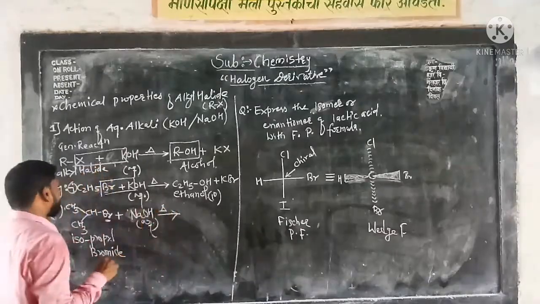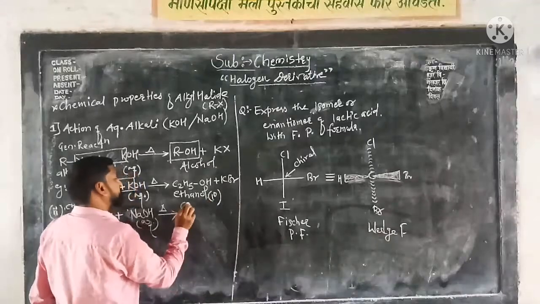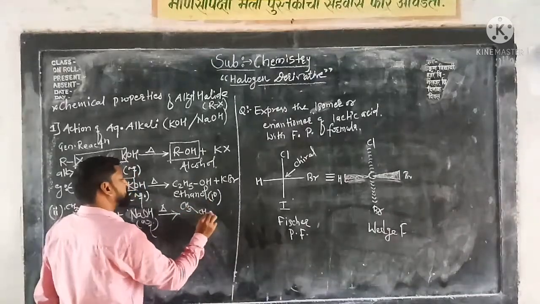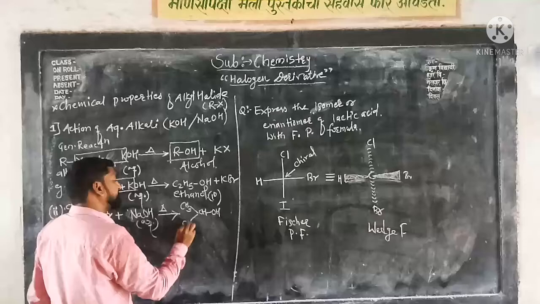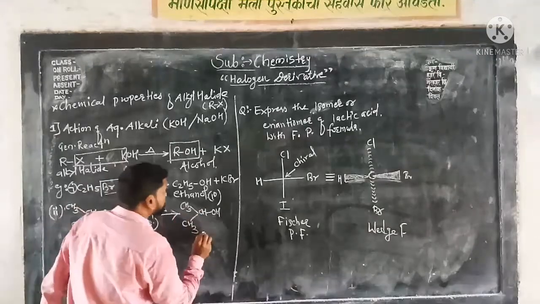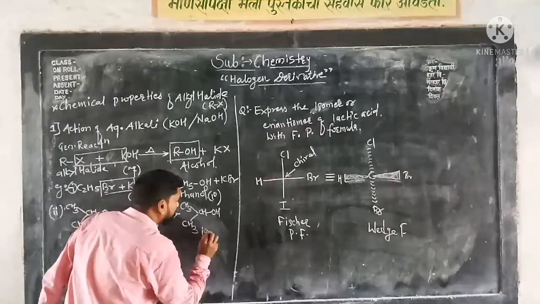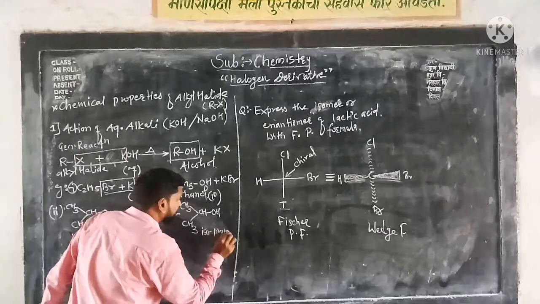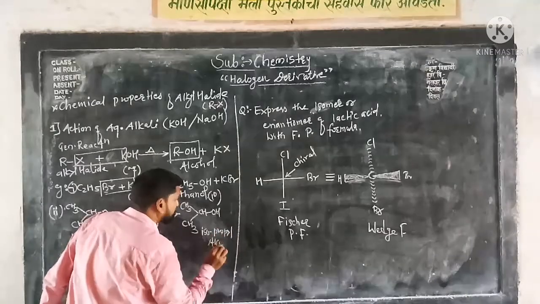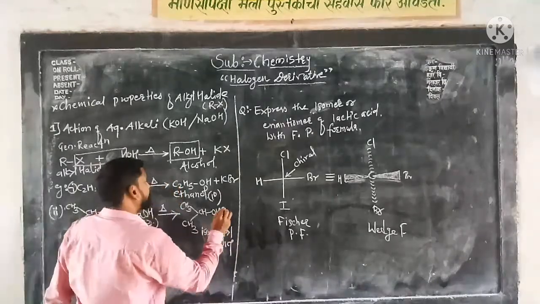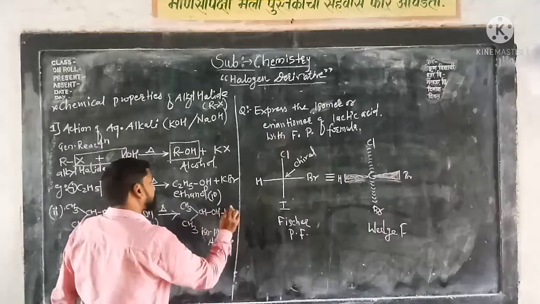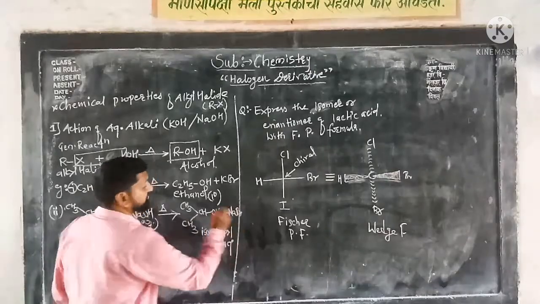You will get the desired product CH3CHOHCH3, which is isopropyl alcohol, plus the byproduct sodium bromide.